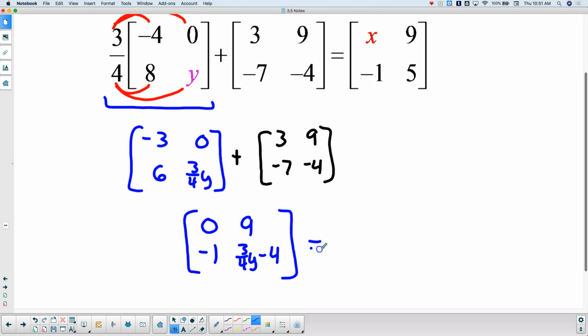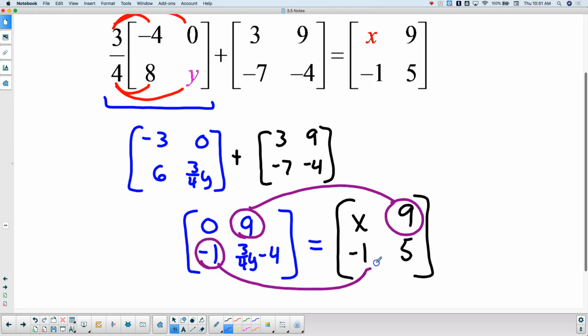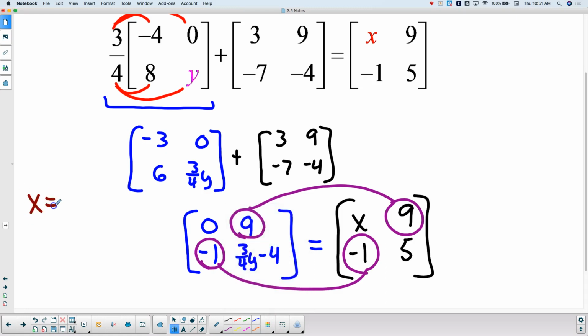And that has to equal x, 9, -1, and 5. 9 here is equal to 9. Yeah, I know that. -1 here is equal to -1. Yeah, I know that. X then is equal to 0.